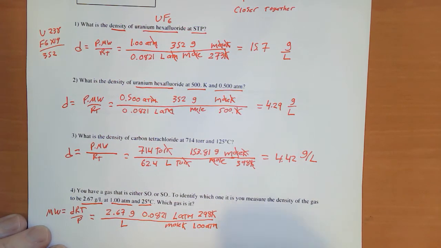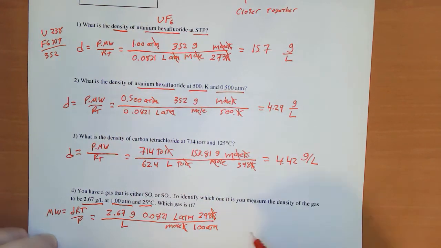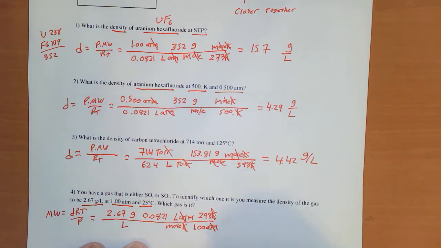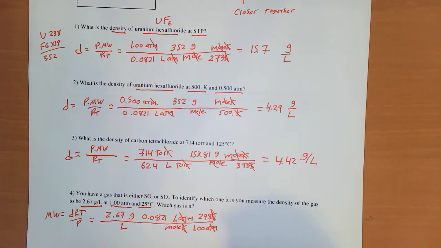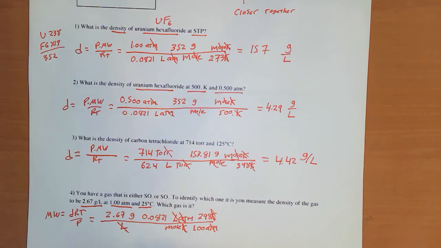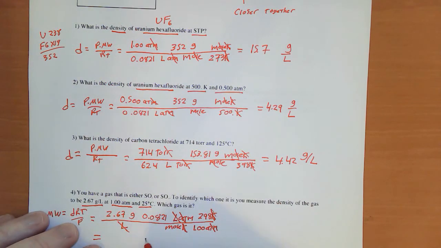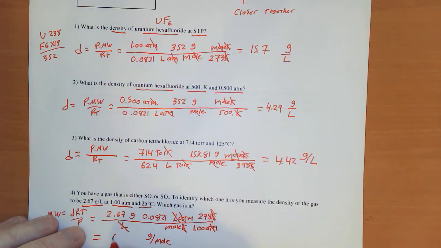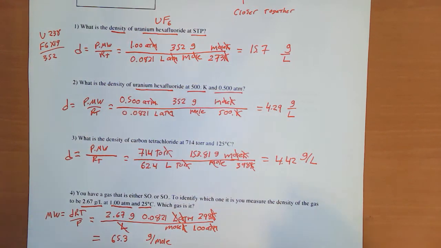All right, so when I do this, I'm seeing Kelvin canceling. I'm seeing atmosphere canceling. Okay, so liter will be my next one to go, and I'm left with grams per mole. And since I'm looking for a molar mass, that's good. 65.3, give or take. So if I'm trying to determine between the gas SO2 and SO3, I can add up their molar masses.